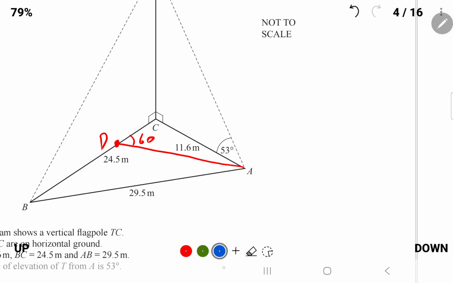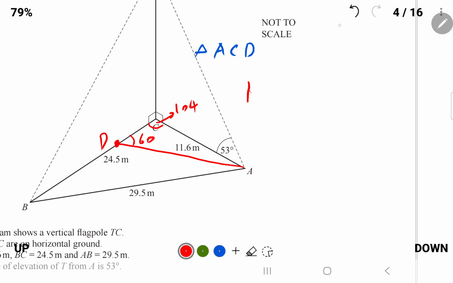From triangle ACD, we can use this triangle to find the length of AD. So we can say here, for example, this angle here is 104, and then you can use the sine rule.